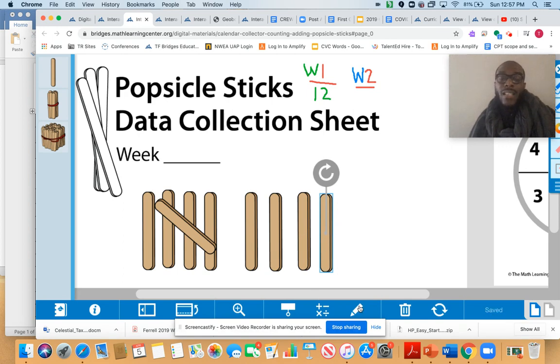That is the same as 5 plus 4 equals 9. So we have 9 in total. And this is week 2. We have 9 in total.